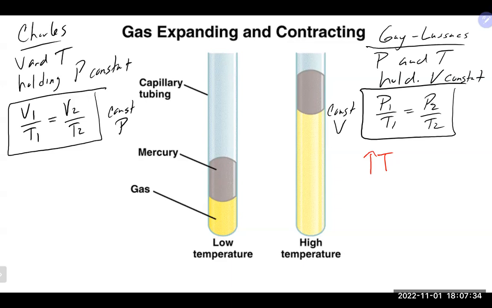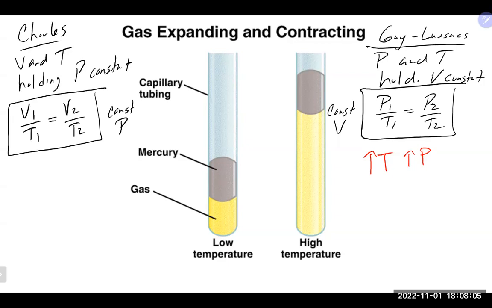In the case of Gay-Lussac's, the volume is locked into place. It's rigid, it will not adjust, which means the volume is going to be constant, and we have gas molecules flying around a lot faster, so we're going to see a lot more collisions occur, and we should see the pressure start to increase. And that is what we will see: an increase in pressure as you increase the temperature.